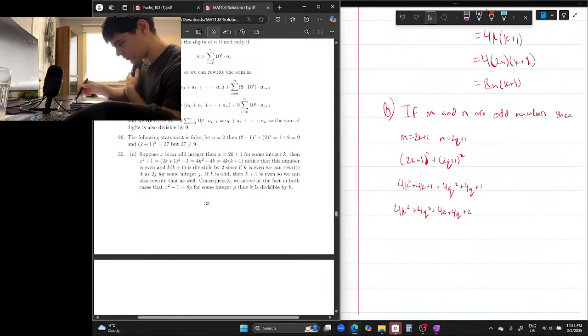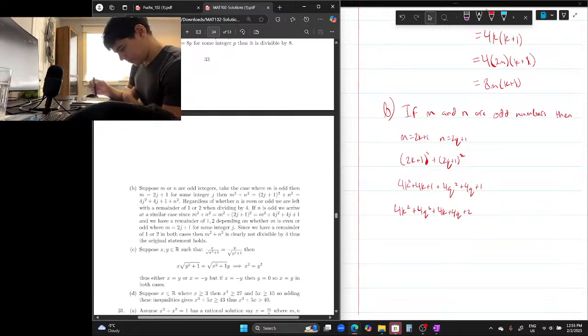And I guess that leads me to the entire proof. Regardless of which of m and n is even or odd, we get a remainder of 1 or 2 when dividing by 4.